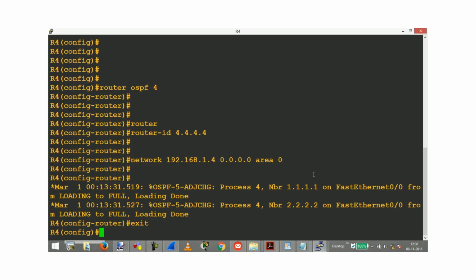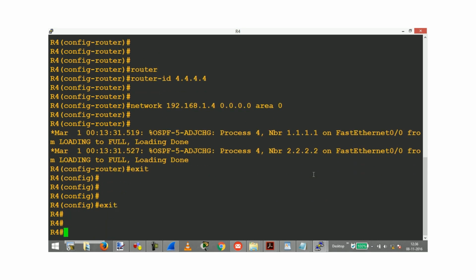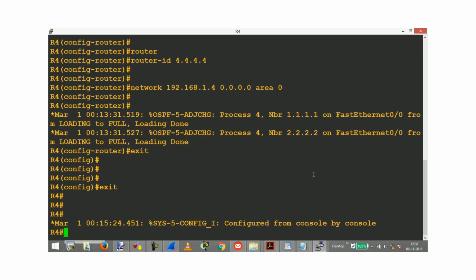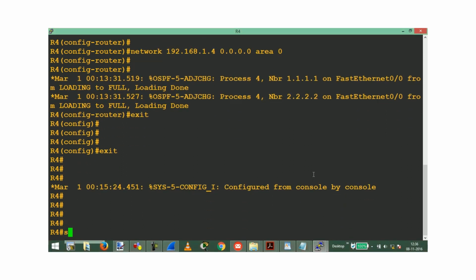Now I'll go to R4 and check the table which is called the neighbor table. Just like EIGRP maintains information about neighbors, similarly OSPF also maintains information about neighbors, because both EIGRP and OSPF form neighborships, so they keep information about neighbors.